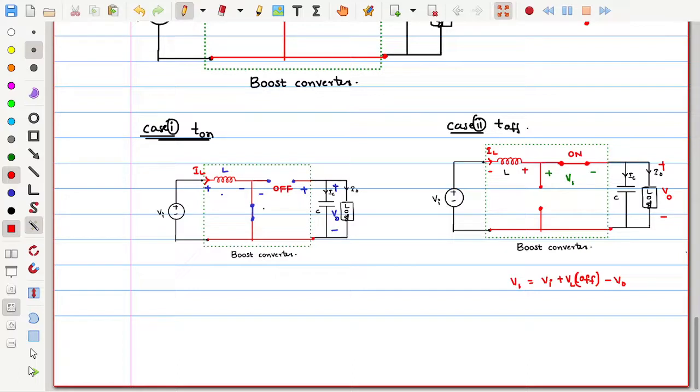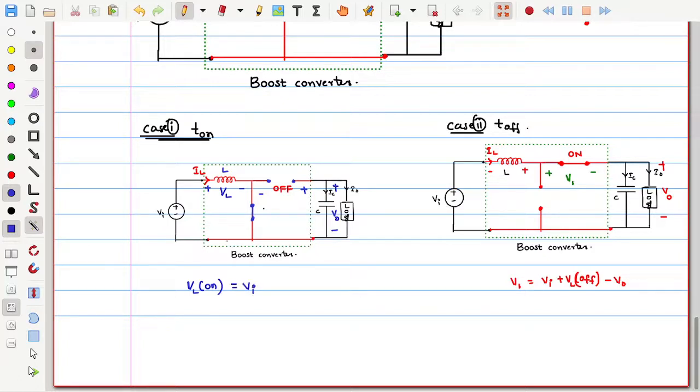Now for these two intervals, let me get the inductor voltage. The inductor voltage VL, and here also let me put the same polarity, or it's your wish. So VL on is equal to Vi.